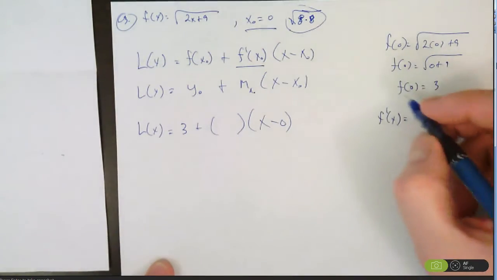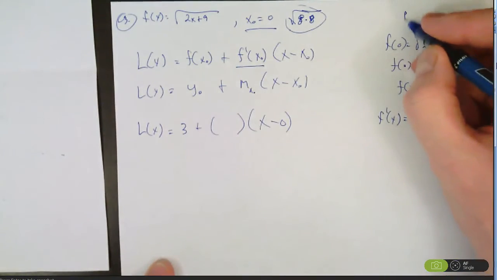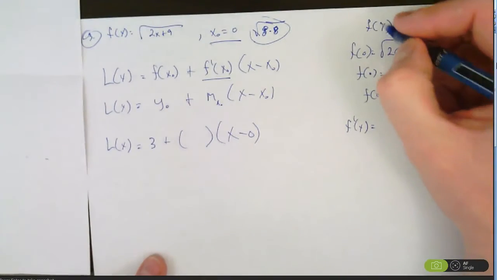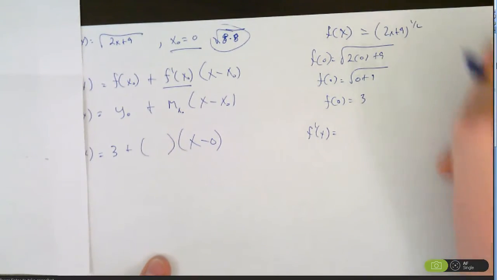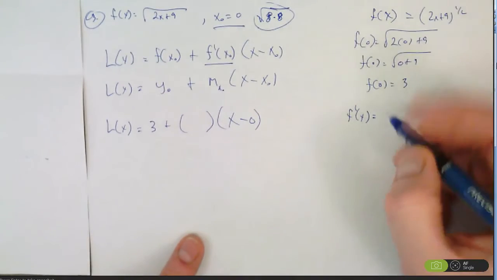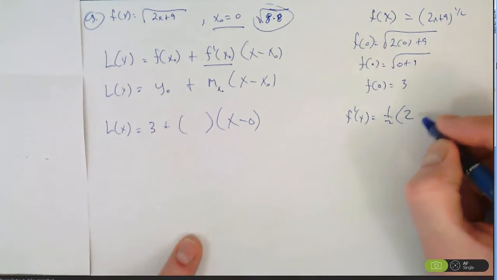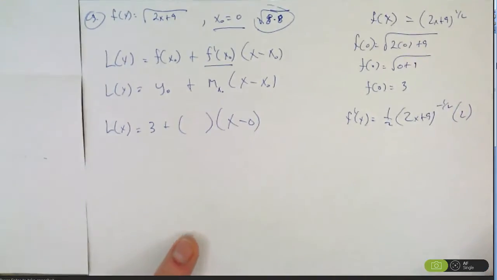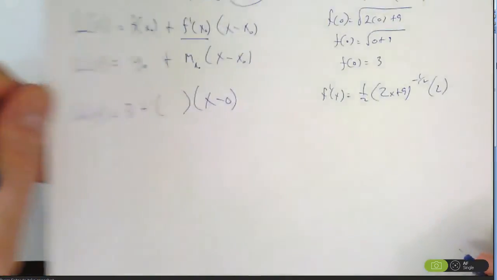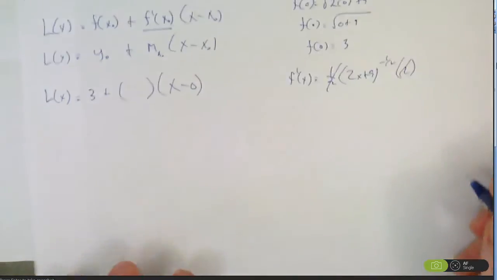Well, f of x is really 2x plus 9 to the 1/2 power. So drop the 1/2 to the front, leave the inside alone, subtract 1 from the exponent, multiply by the derivative of the inside, which is 2. 1/2 and 2 cancel.